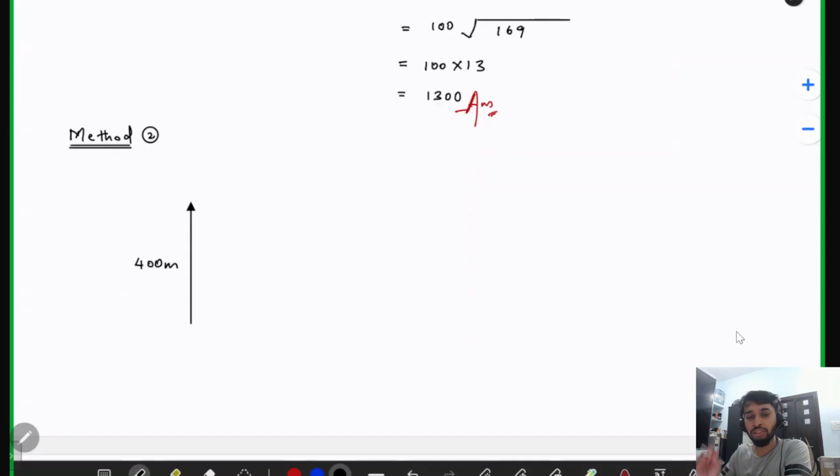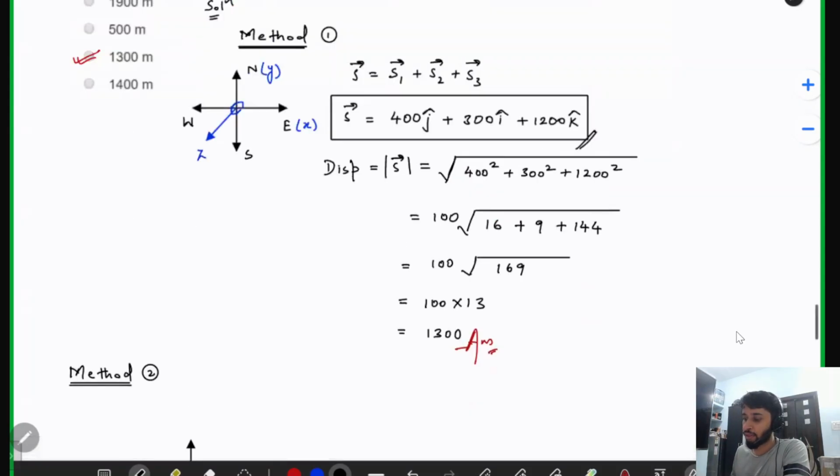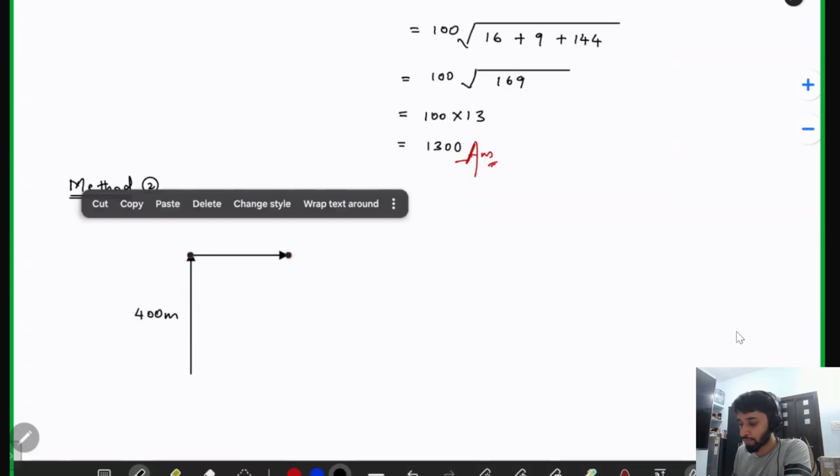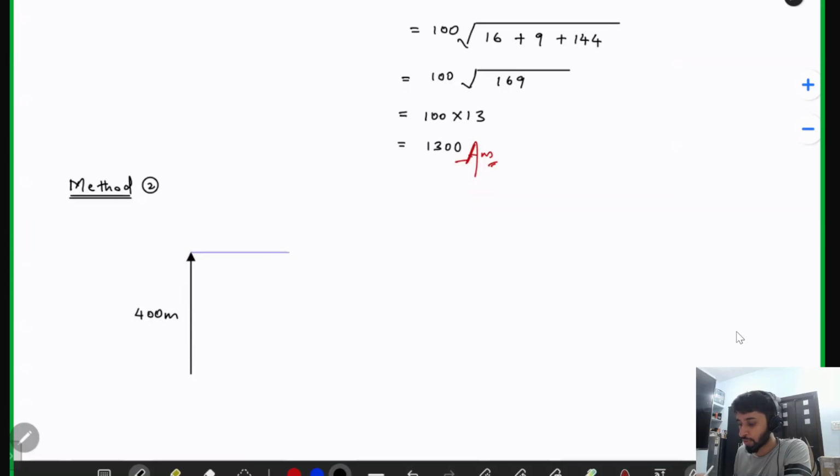Then it moves 300-meter east. So the 300-meter that it is moving will be something like this. Let me draw it slightly longer, so that it will be in line with the vector idea, meaning the length represents the magnitude.